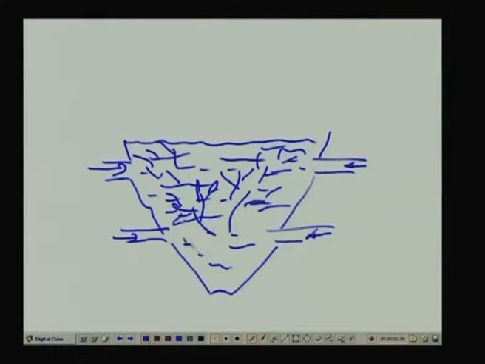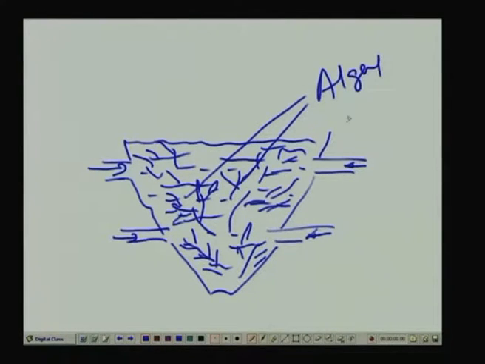To give you a very good example, you can observe algal growth, or sometimes you can also say vegetative growth, increased vegetative growth.